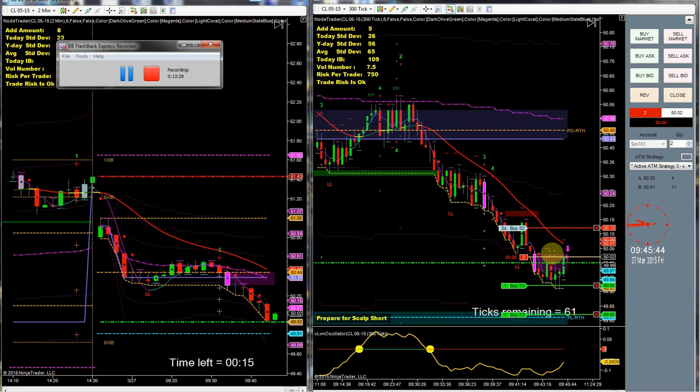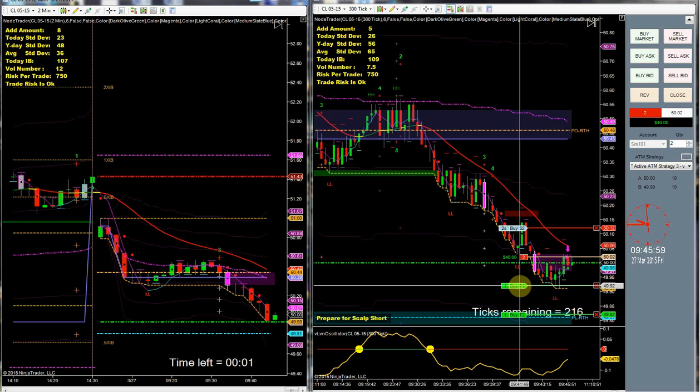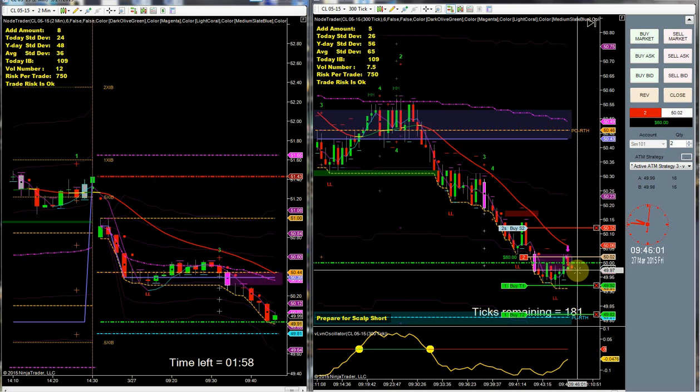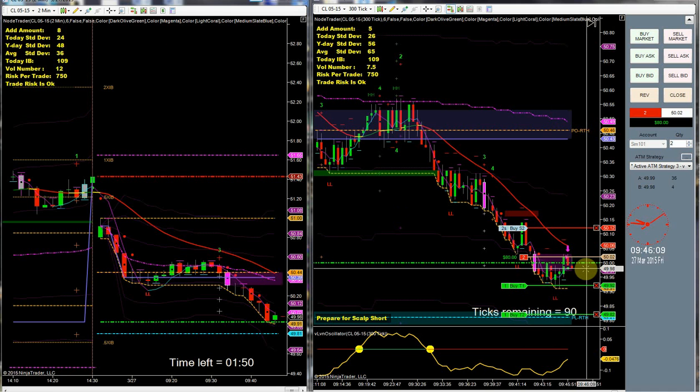Hopefully the market will go ahead and do what it's going to do here, one way or the other. And we have this little node right here. We're still in a selling zone, so hopefully the market will be able to push past this little node.